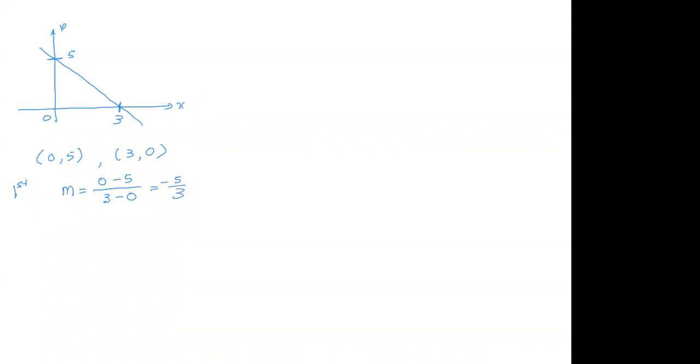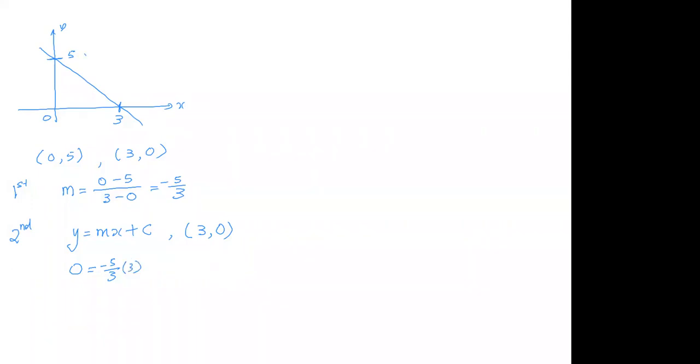Then second step, I write down y equals mx plus c, and I choose any point that I like. Okay, so I put in y is 0, m is -5 over 3. Actually, you don't have to do this step.